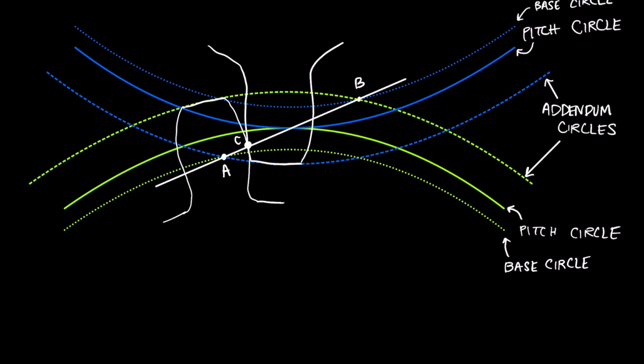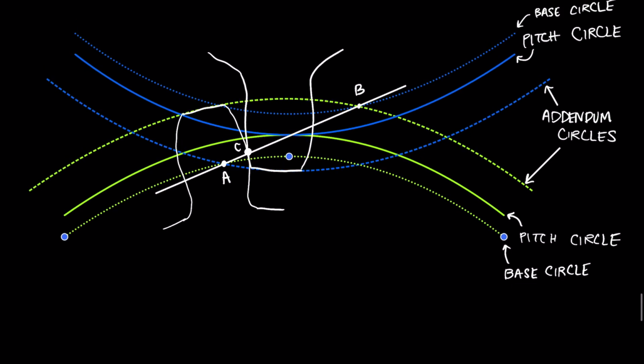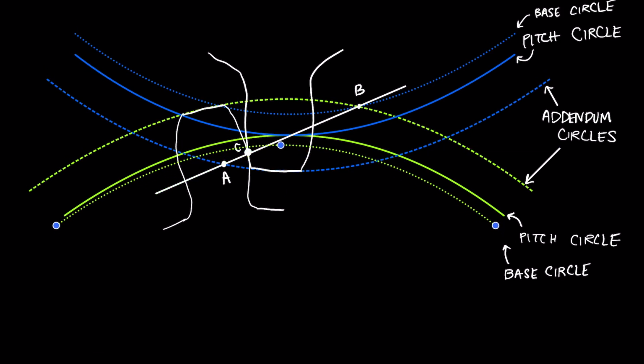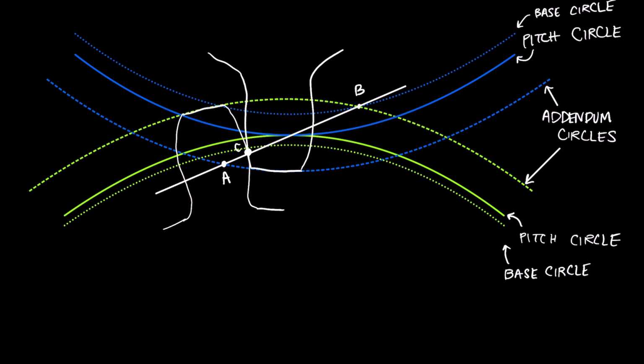And at that location, that's where we would expect to see some interference. Okay, so really this base circle, to be completely accurate, we should move a little bit further up around there. Right, so your interference is going to occur outside of the base circle.